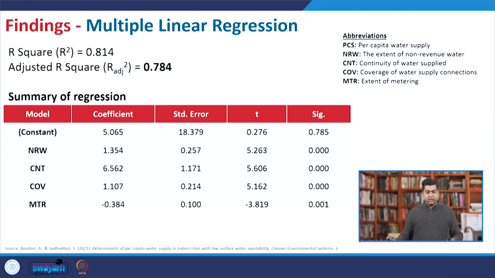Now coming to the linear regression, based on the correlation table and all, what we finally found is that non-revenue water, continuity of water, the coverage of water supply connection and the metering are making some sort of impact. Here also we initially tried to develop with all the indicators, but then we found that they were not statistically significant.